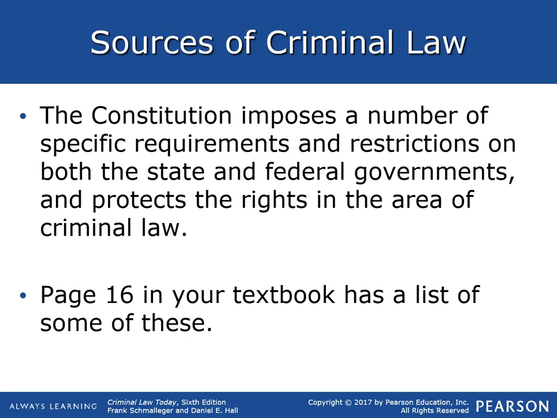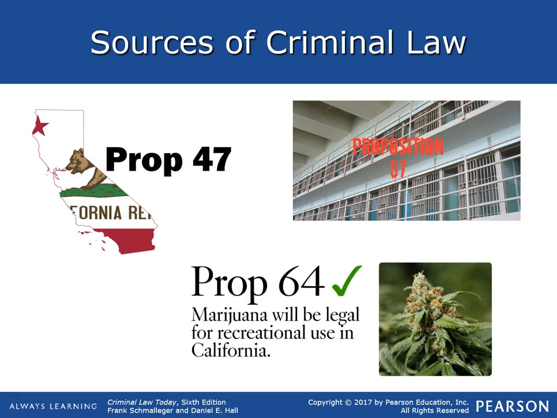So I just kind of talked about this right here. Now, one example of states making their own law, actually a few examples, for California, could be Prop 64, which was the legalization of the recreational use of marijuana in California. Prop 47, which was the reducing of some crimes that were typically felonies, and some of those were narcotic offenses, down to misdemeanors.